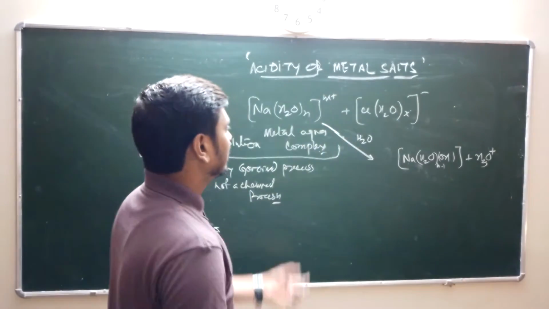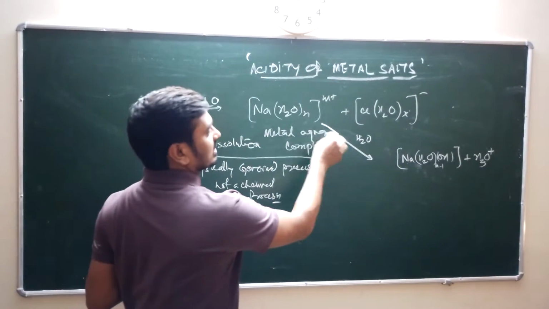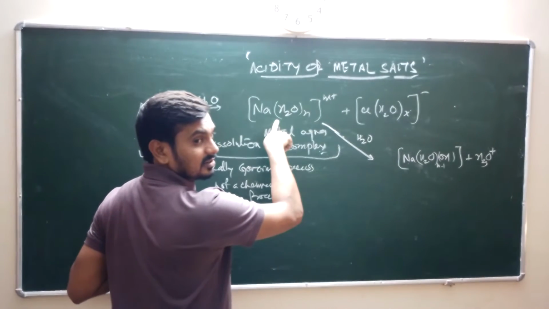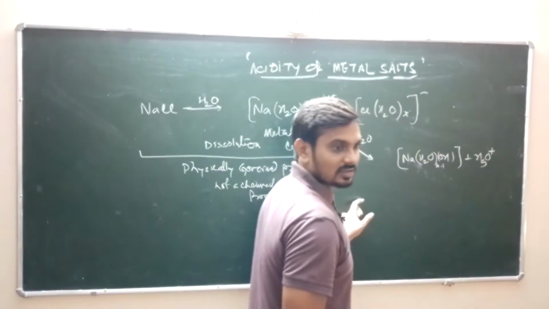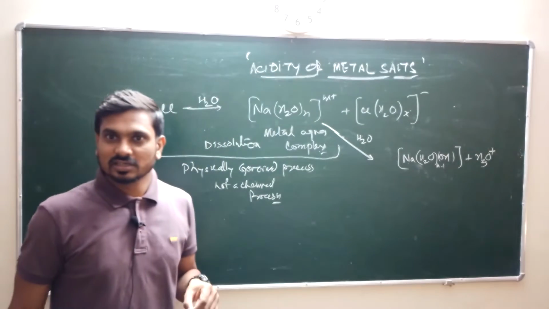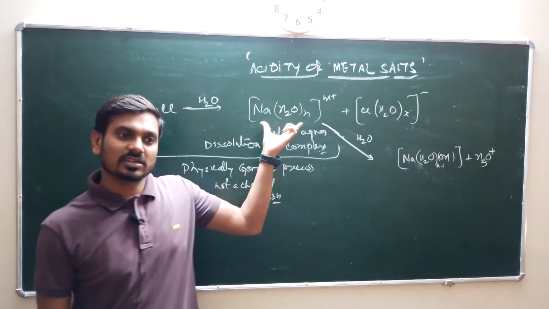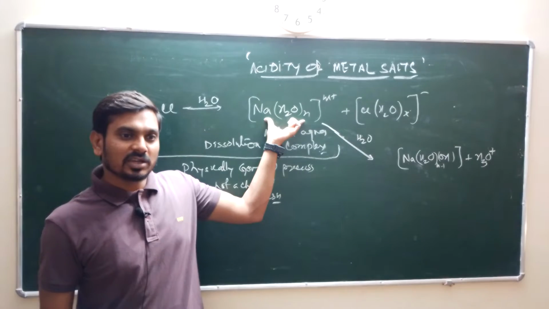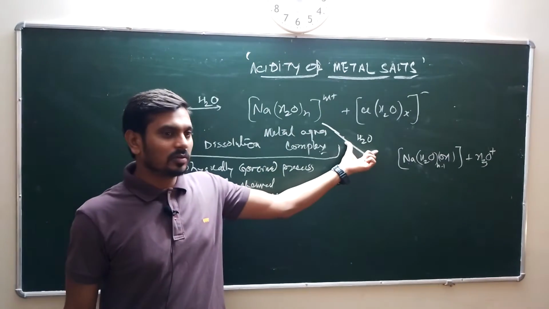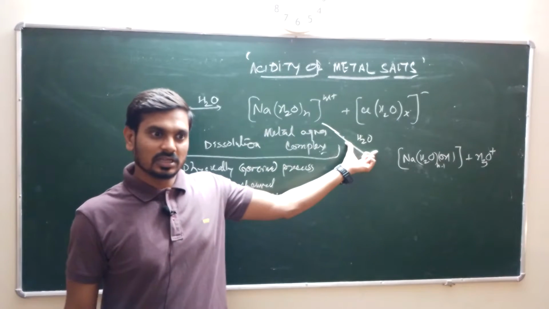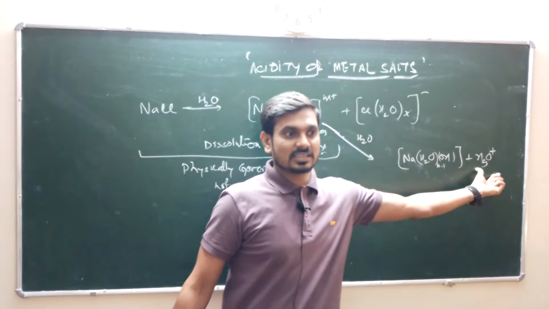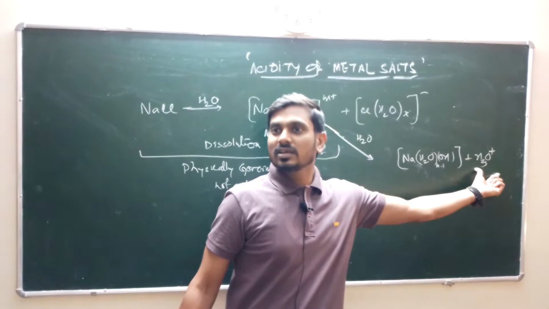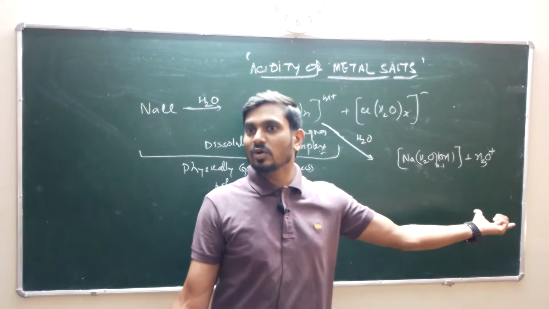Then this metal aqua complex, a complex ion, is giving H plus. So just apply the definition of acid here. Any chemical moiety which, when dissolved in water or any suitable solvent, gives H plus ion in excess, what is it called? Acid.